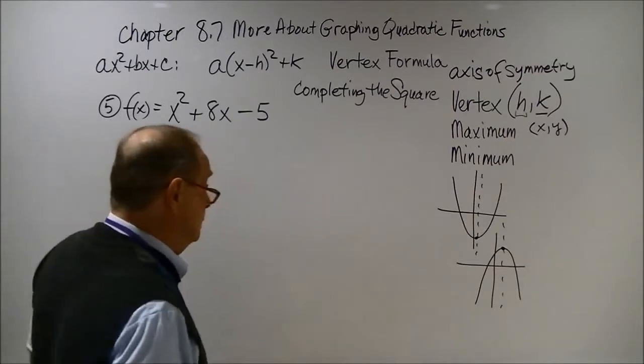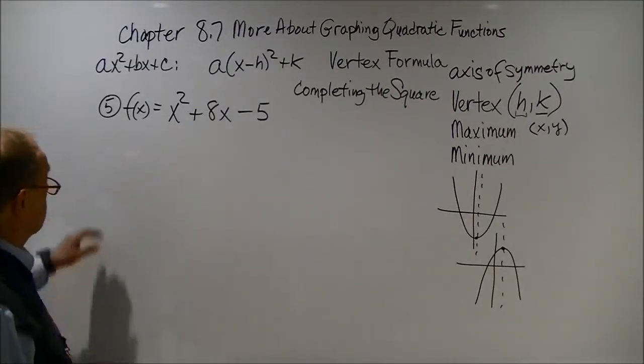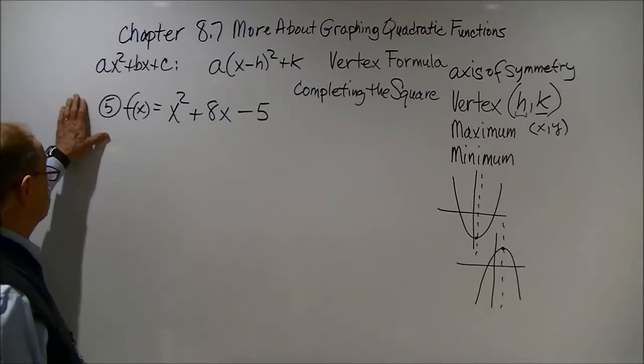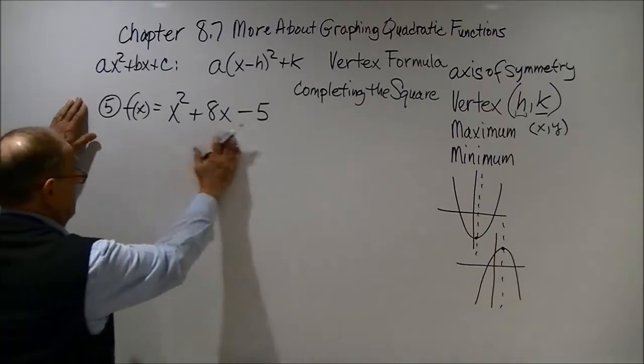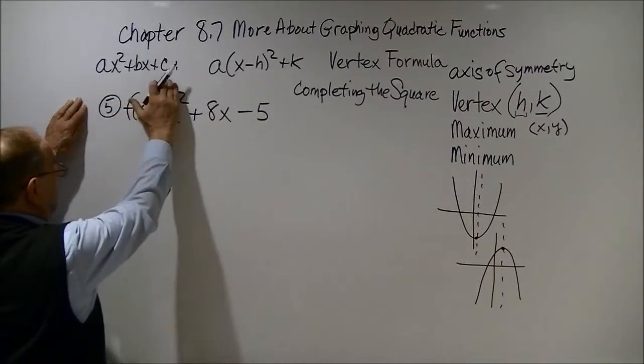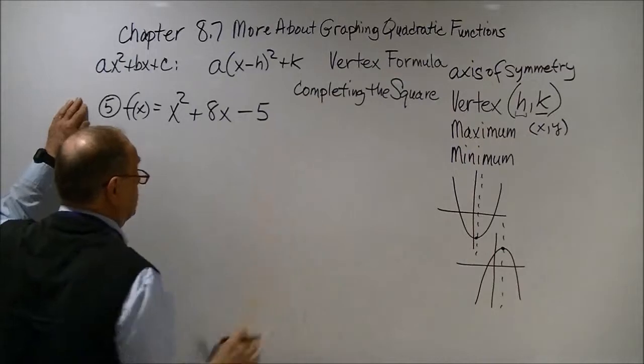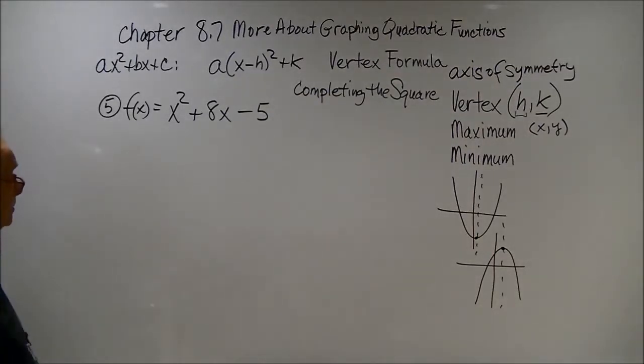Some of it might be review, but let's get on to example number 5, which is to take this formula that's in this standard form and put it into the vertex formula. Now there is a way to do it, and that's what I'm going to show you as we go through this.